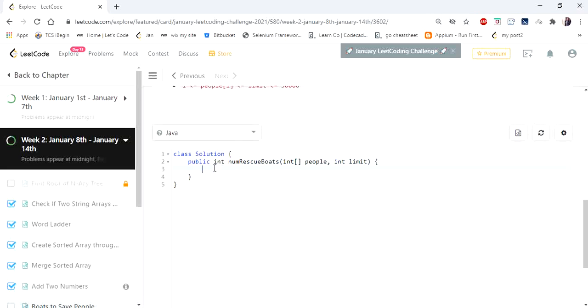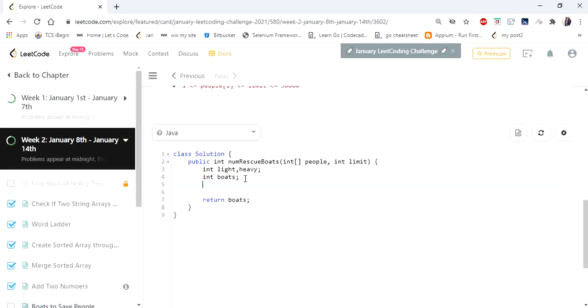As I said, I'm going to declare 2 pointers, light and heavy, and a variable boats to calculate the number of boats. At the end, we are going to return the number of boats as our output.